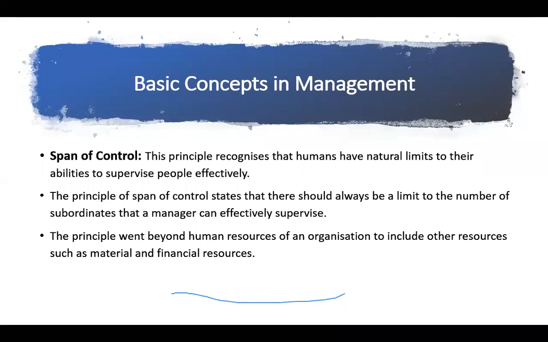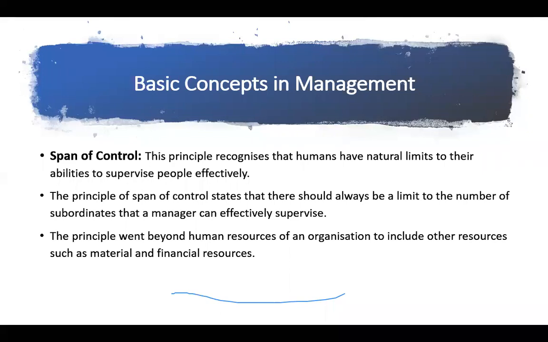But if you have taken courses in human resources, motivation, and leadership, your span of control will be wider than any of your mates that have not taken these courses, because it means that you can control and supervise more people than the other person.